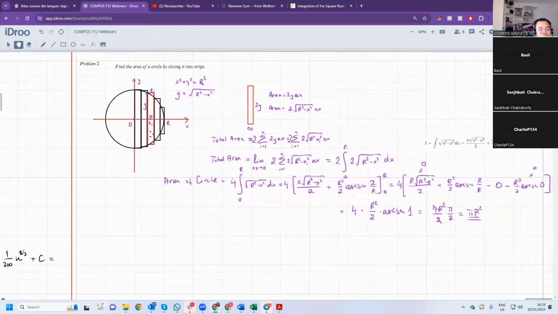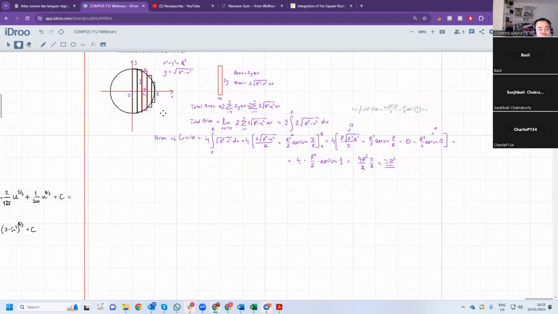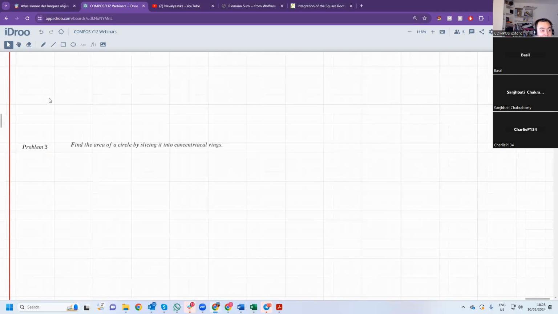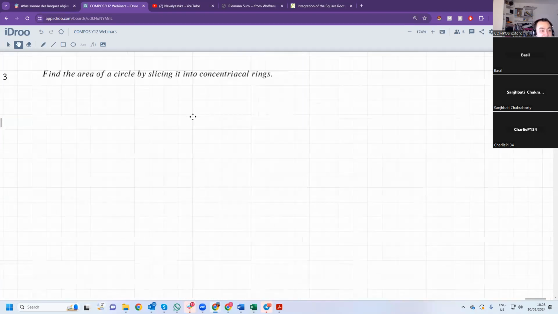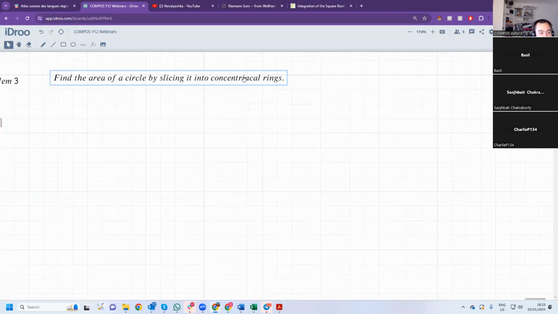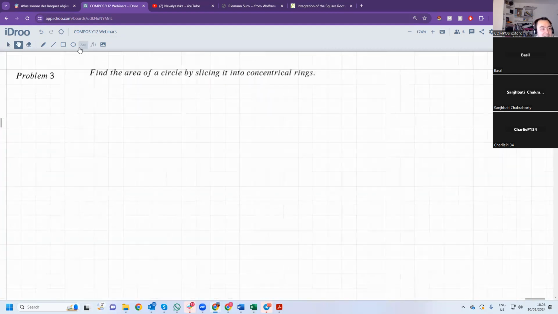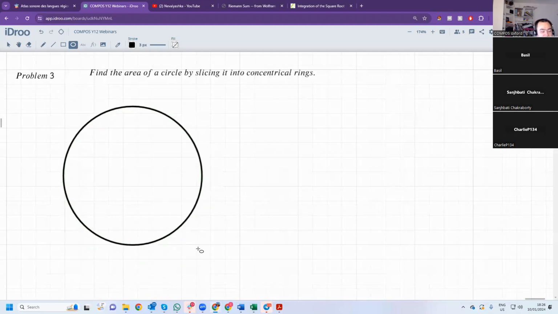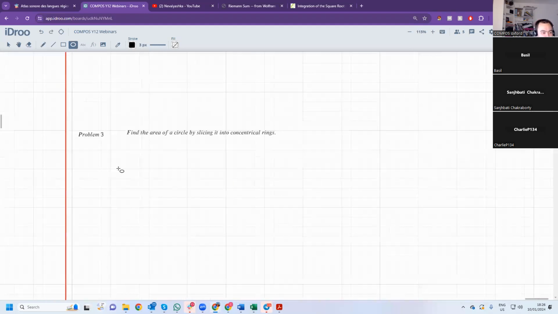All right, we're slicing it into strips. Let's do the same question, but in a different way. Find the area of a circle by slicing it into concentric rings. Now we have a circle. Let's make it neater.